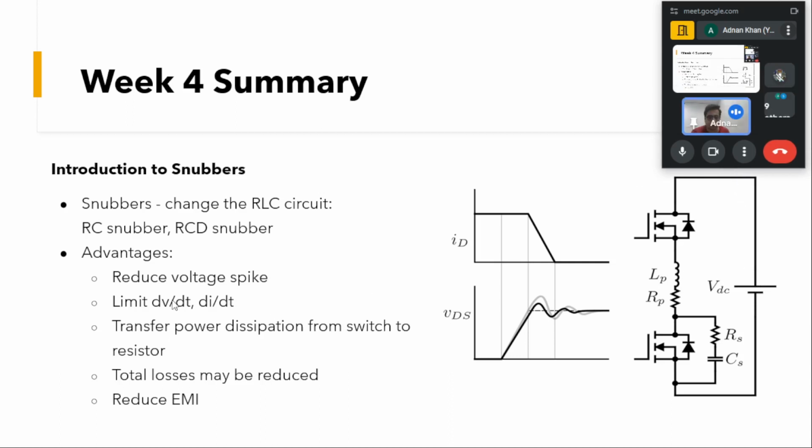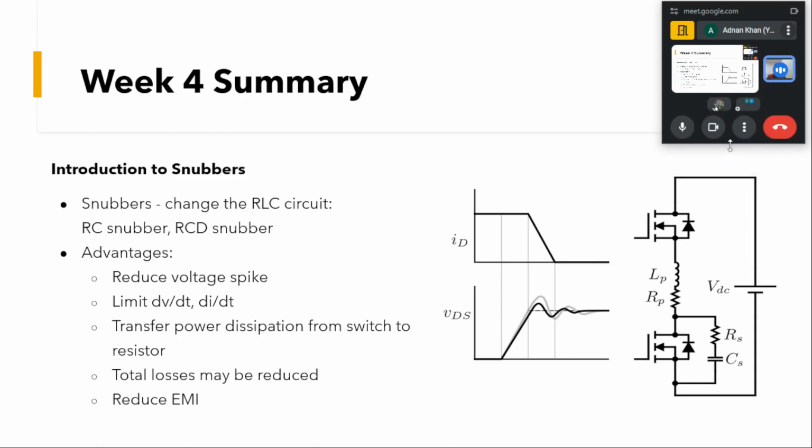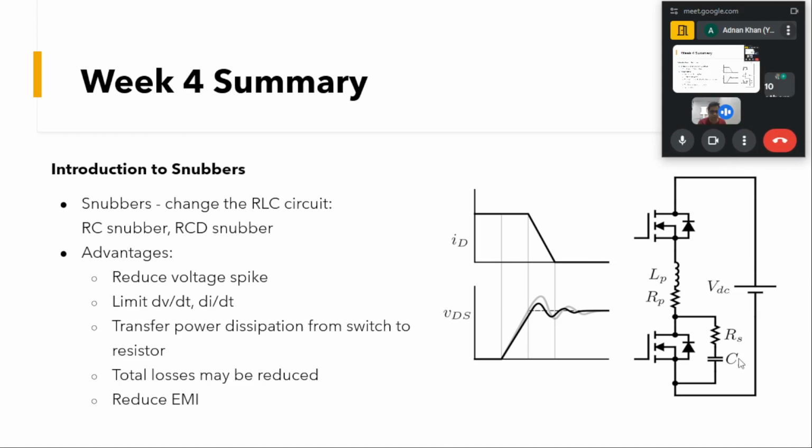Also, they will limit the dv by dt and di by dt across the devices. Also, you can see there is now a path across this device through this R and C. So during this turn off, some current may flow through this, and this can distribute our switching losses.